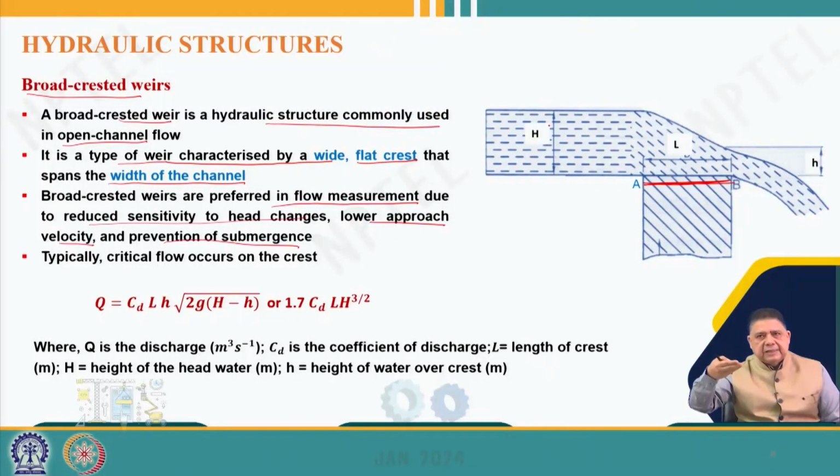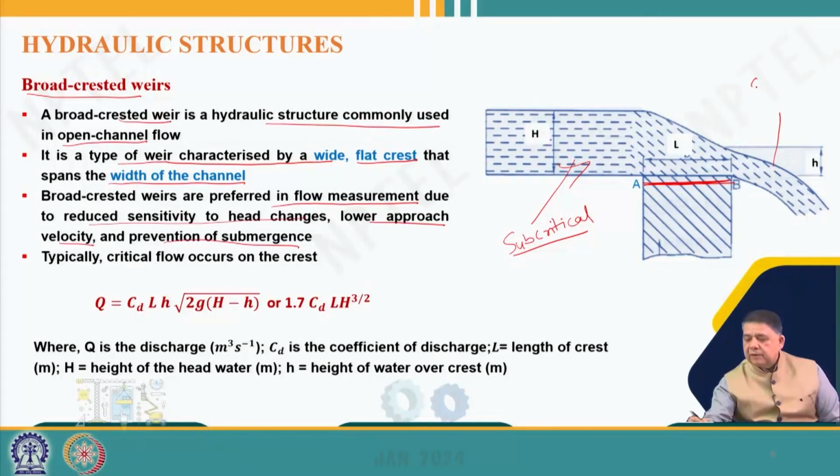So, the water level rises and in this portion the velocity becomes subcritical. And then when the crest comes and beyond the crest there is a free flow kind of condition. So, here it is expected it will be supercritical, the velocity will go up, and that is why it is expected that over the crest critical velocity will be formed. So, there will be some critical velocity.